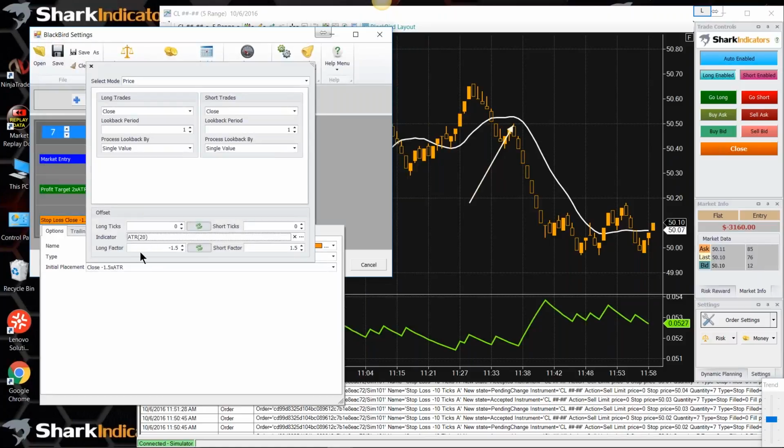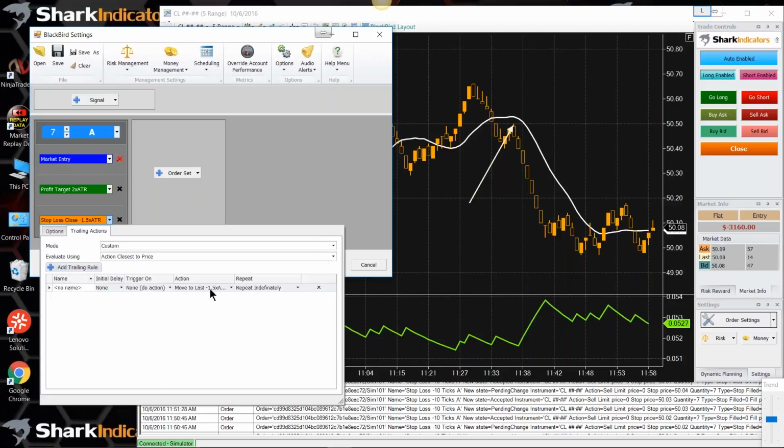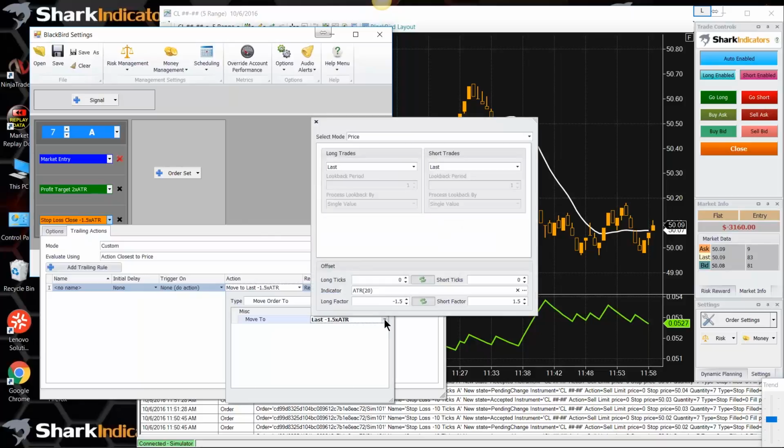So whatever ATR period you're using in BlackBird, also keep in mind, if you're doing a trailing ATR, you also have the ATR period setting in the trailing actions as well. So go to your trailing rules and check the period of your ATR in here as well.